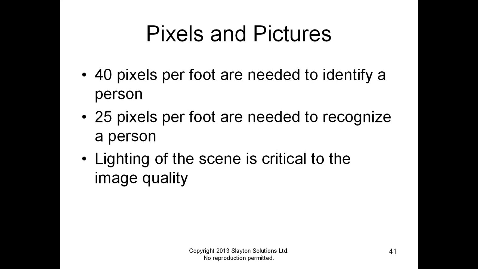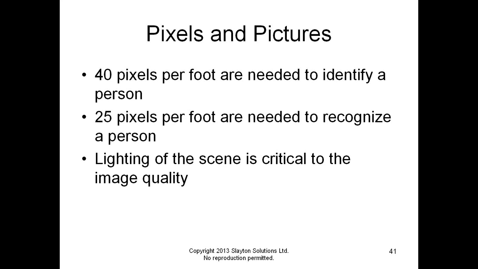If we are taking a camera and aiming it at the front door of a building from the inside, and we want to, let's say, recognize a person, we need 25 pixels per horizontal foot to recognize that person.